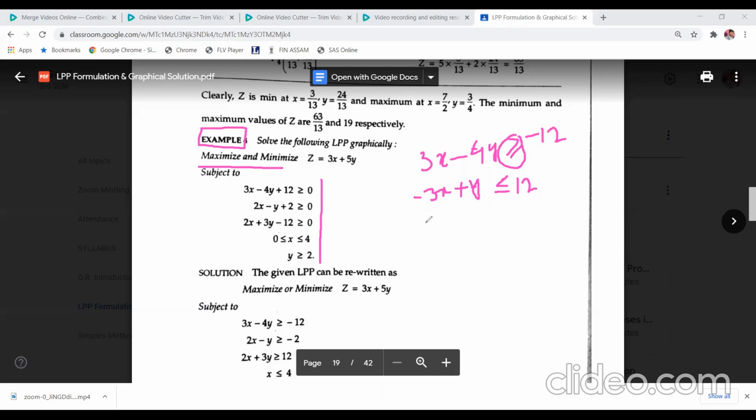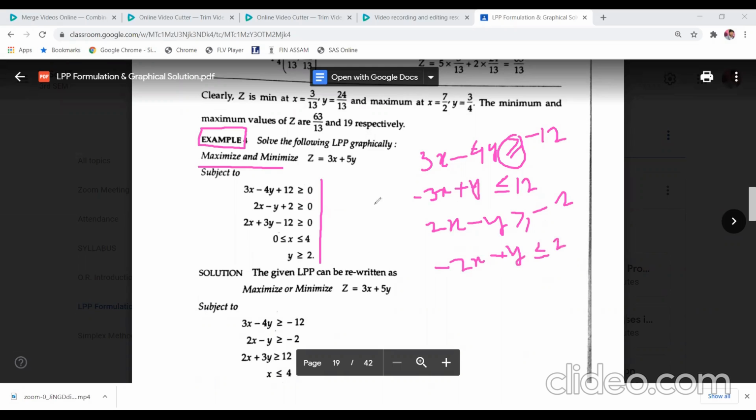The next one is 2x minus y greater than or equal to minus 2. Then multiply by minus, so it will be minus 2x plus y less than or equal to 2.